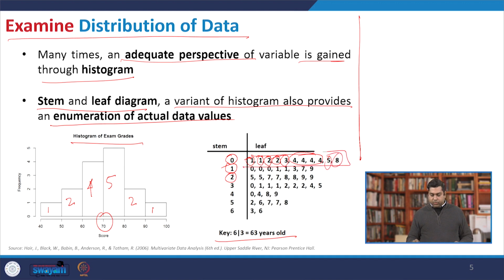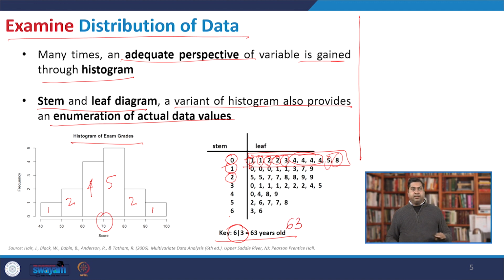So, if it is something to be tested in a particular sample population, we have 1 2 3 4 5 6 7 8 9 10 11, so 11 samples they are below 10 years of age group, and individually you can represent what their ages are. So, it is something like, if I read 6 3, that means it is 63.